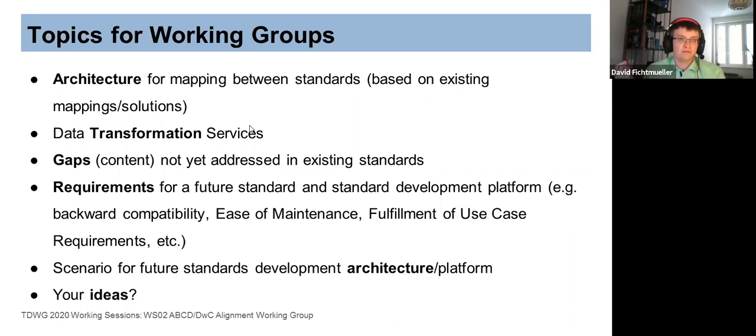So is there a need for a transformation service that just automatically accepts any Darwin Core file and puts it in ABCD and vice versa? What would be the challenges for this? There are some approaches. I know Jörg has done a Pentaho transformation that does ABCD to Darwin Core, but not the other way around, if I'm correct.